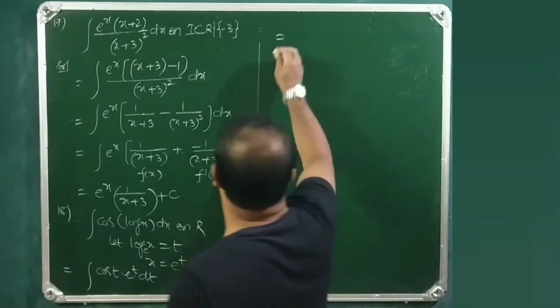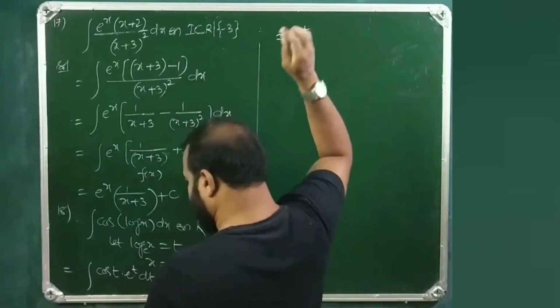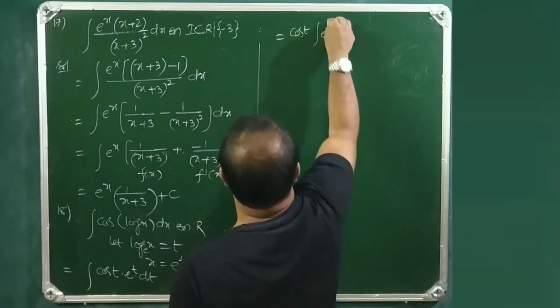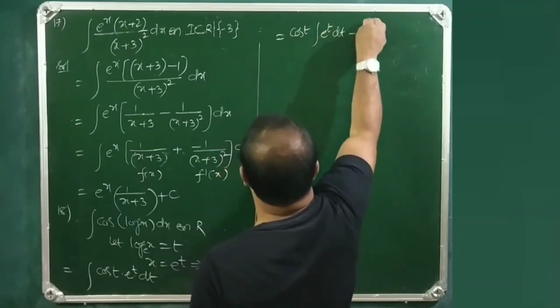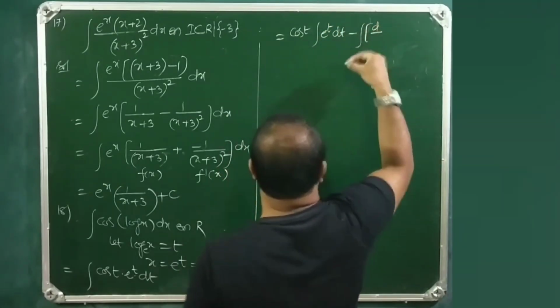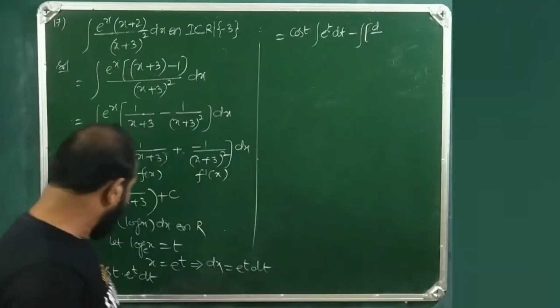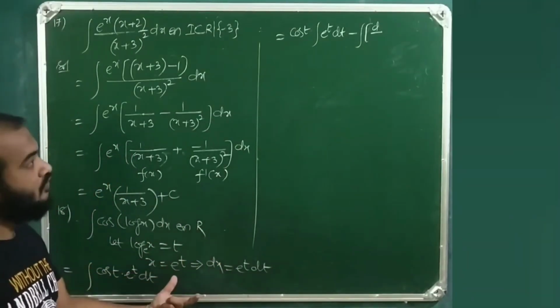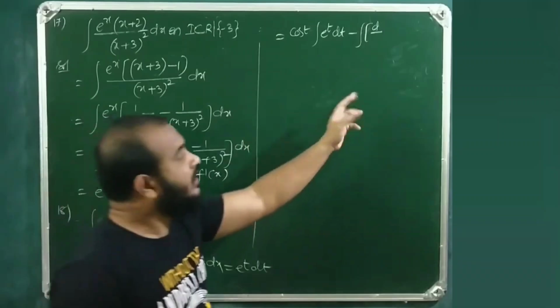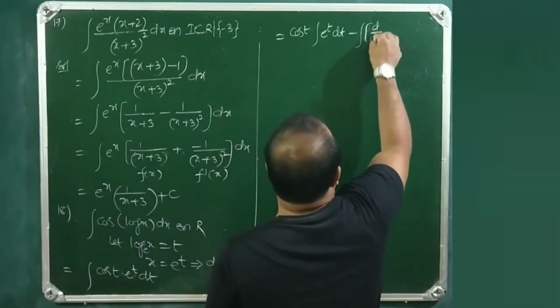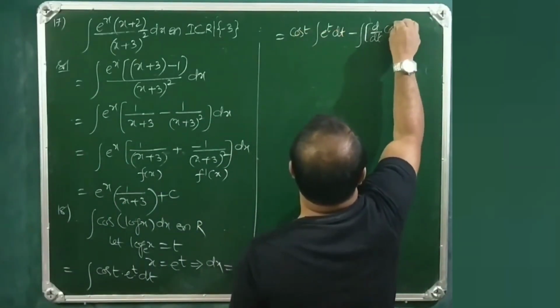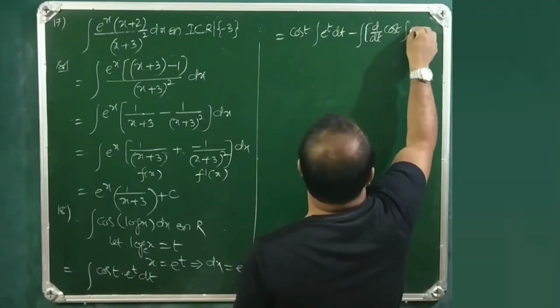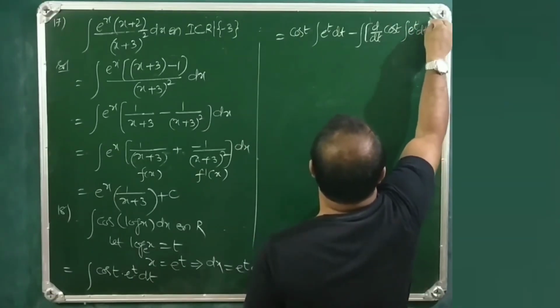So first function into integral of second function dt minus integral of d by dt of first function into integral of second function dt, whole dt, because x has been changed into t.